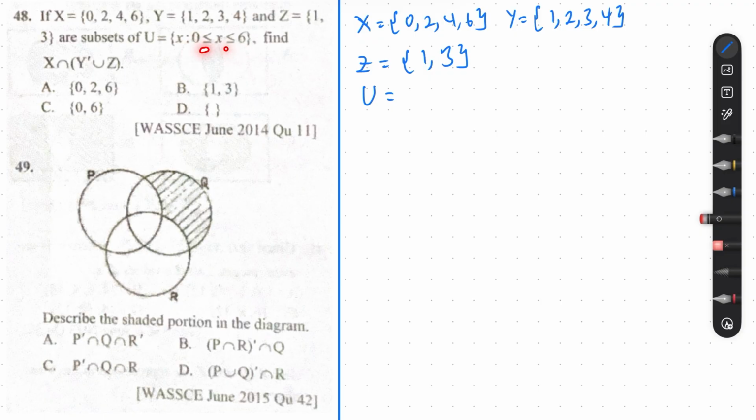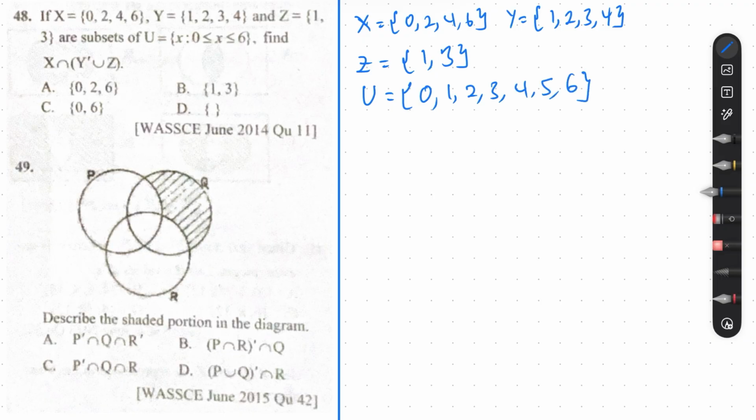Inclusive because of the signs right here, less than or equal to. So from 0 to 6: 0, 1, 2, 3, 4, 5, 6.